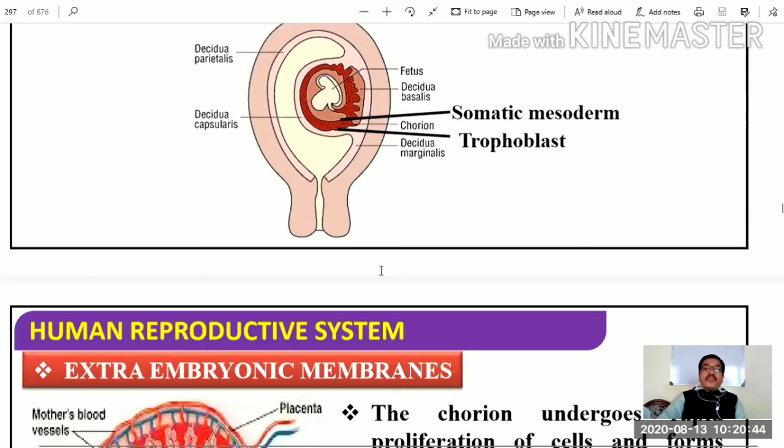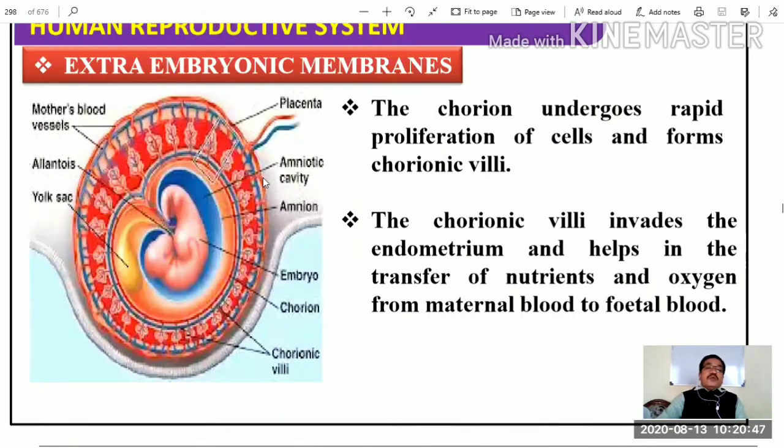Then the chorion undergoes rapid proliferation of the cells and forms chorionic villi. These are the stages to develop the structure in the fetus. These are the mother's blood vessels, used for the transport of blood towards the fetus.